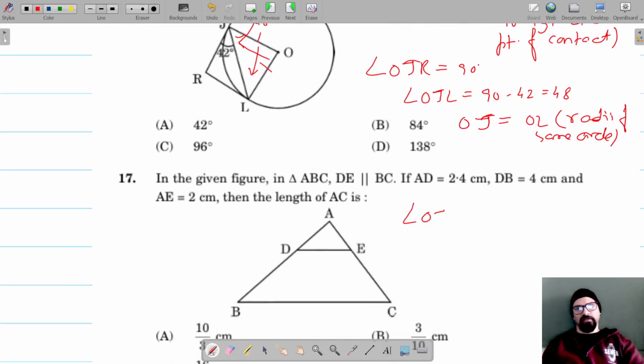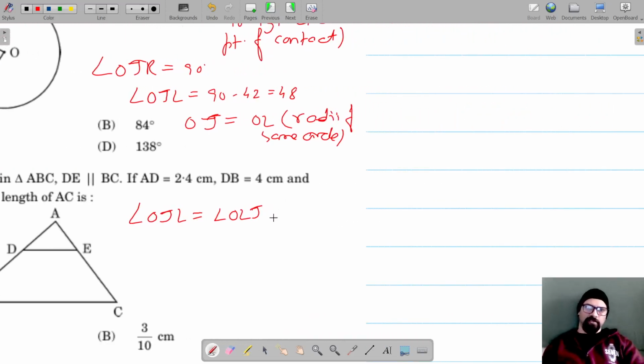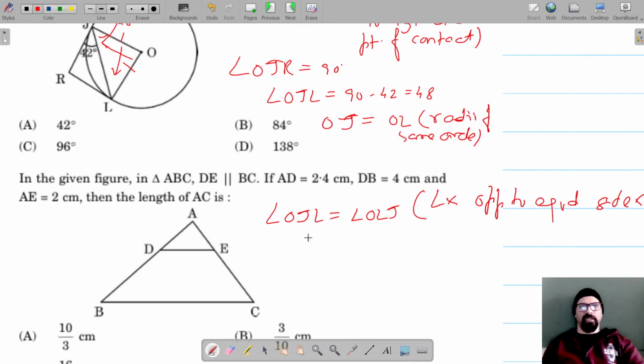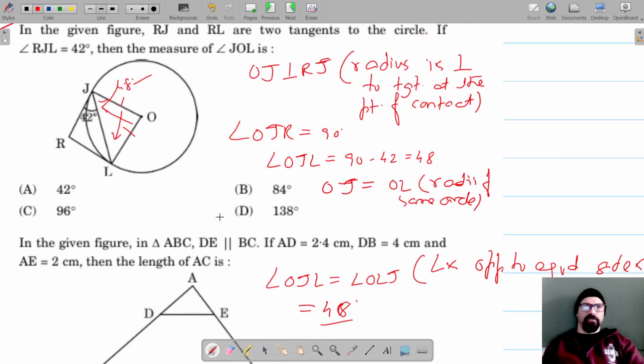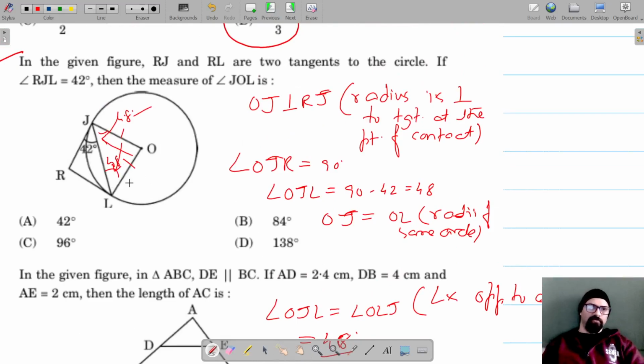So that means angle OJL is equal to angle OLJ. And the reason here is angles opposite to equal sides are equal. And OJL is 48, so these two angles both are 48 degree.